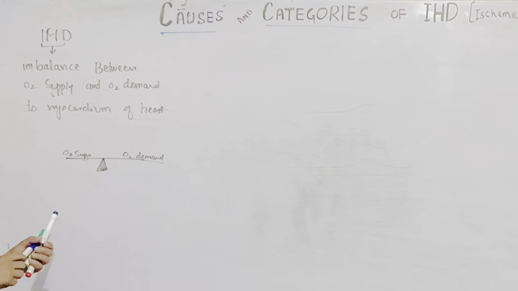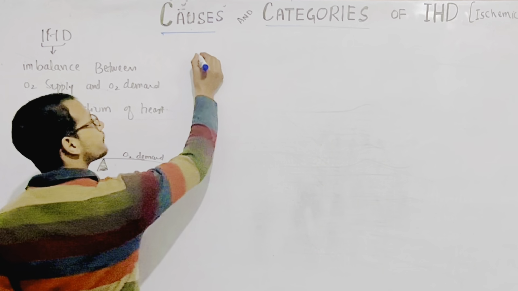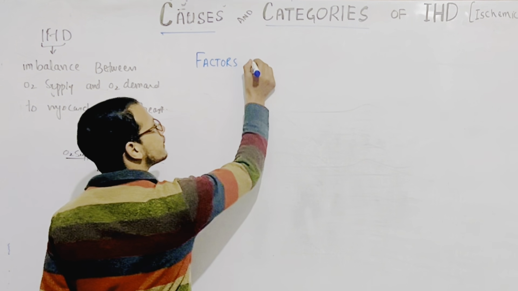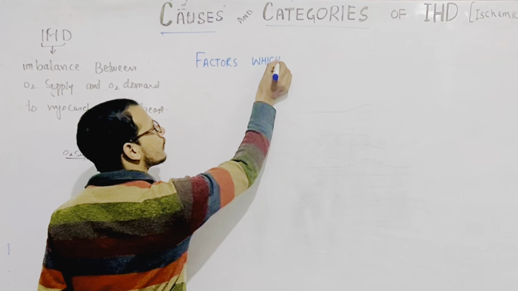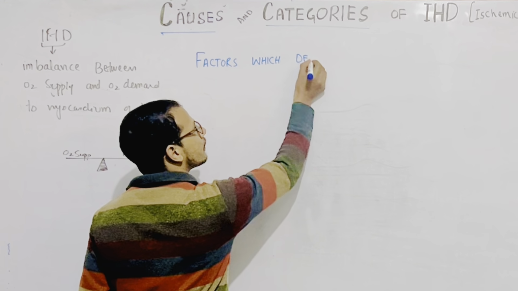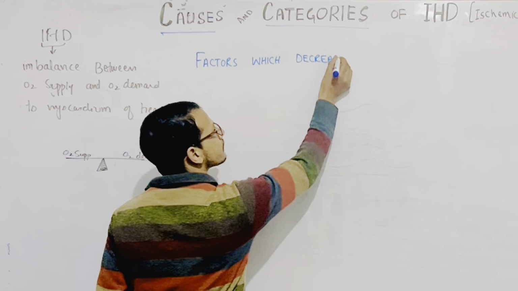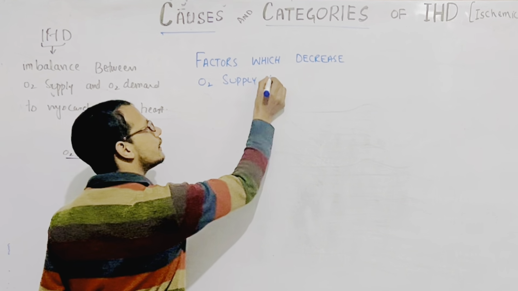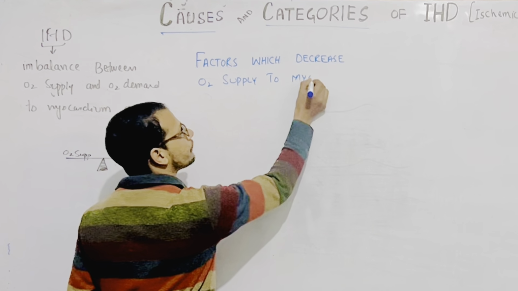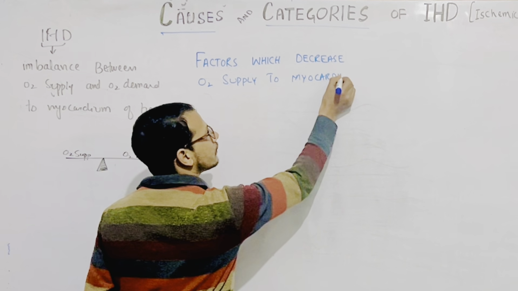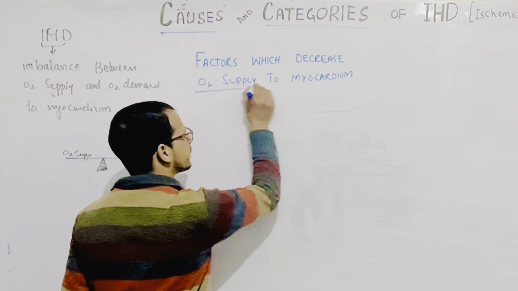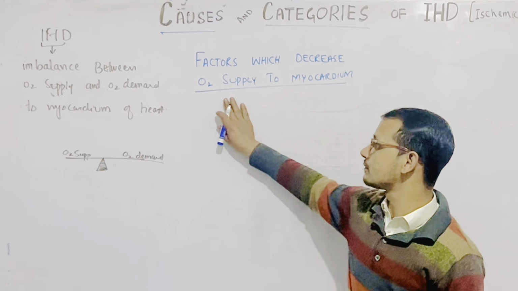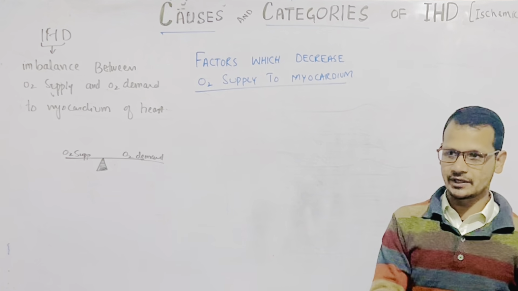So let's start with the factors which decrease oxygen supply to the myocardium. There are so many factors, but four are the main factors responsible for lowering oxygen supply to the myocardium.